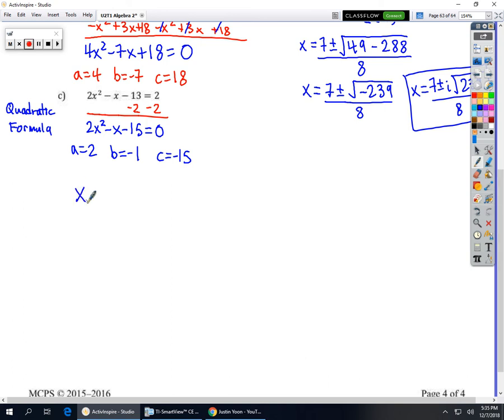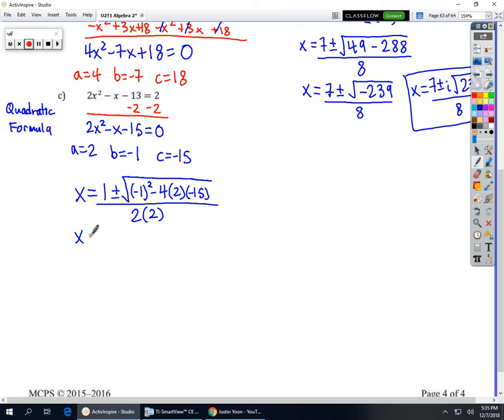So x equals what? Negative b, which is negative 1, plus or minus the square root of b squared, negative 1 squared, minus 4 times a, which is 2, times c, which is negative 15. Divide the entire thing by 2 times a, which is 2.